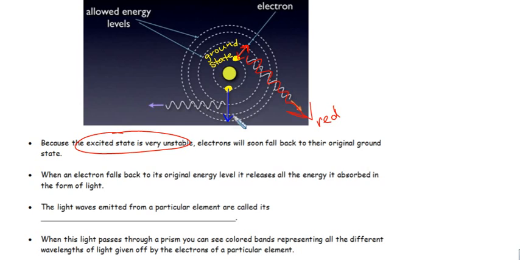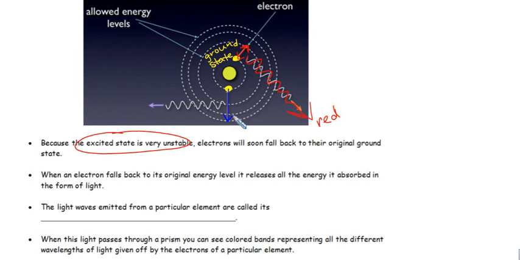But again, being in a higher energy level is not stable. The excited state is not stable, so the electron wants to go back home. He wants to go back down to his normal ground state. But in order to go back to level 1, he's going to need to release that extra energy.